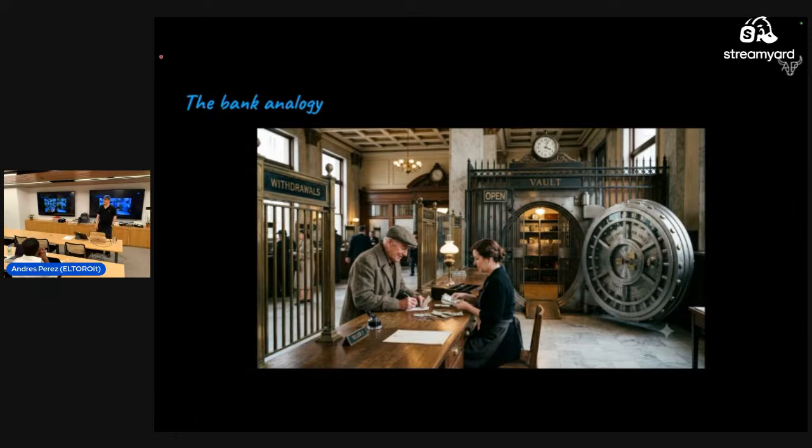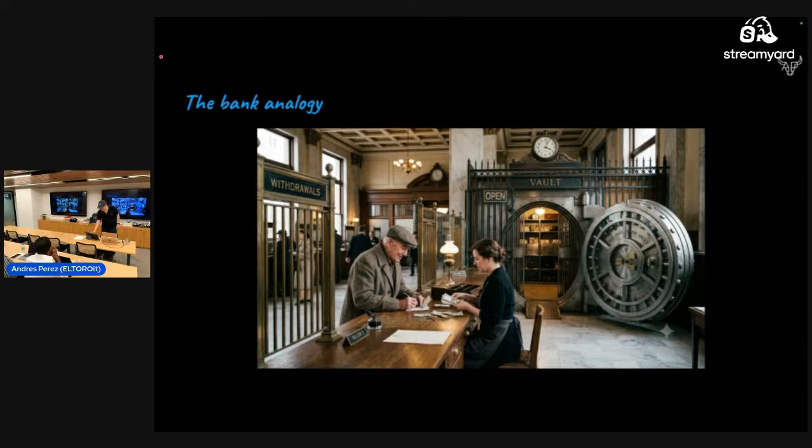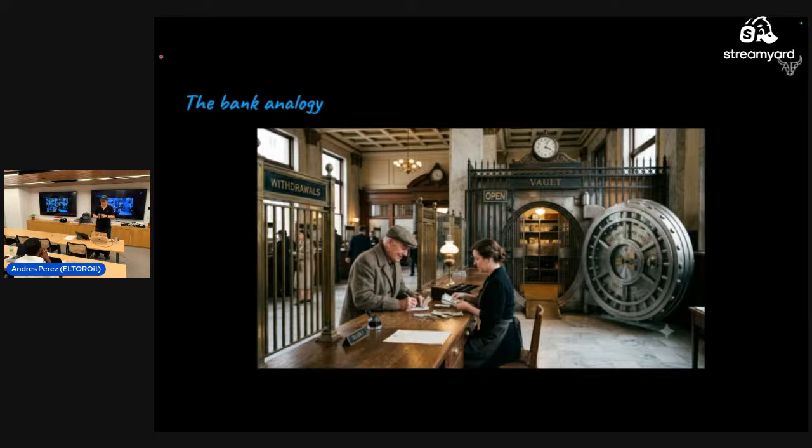So I saw this analogy. I don't know if it's been in the public yet. I think I saw it somewhere internally. It's a really good analogy of Headless 360. They compare that with a bank. You've got your money, it's secure.